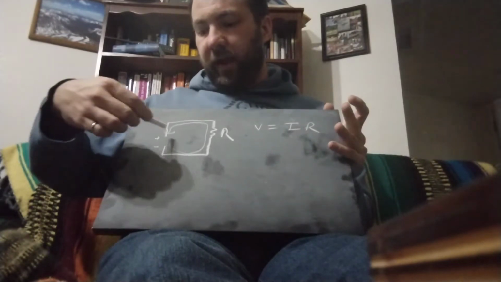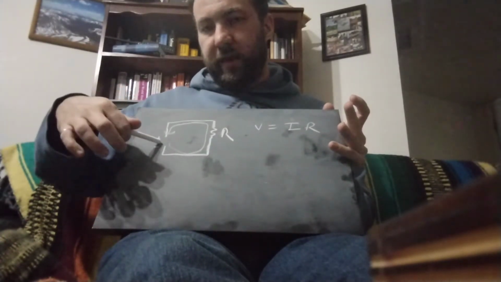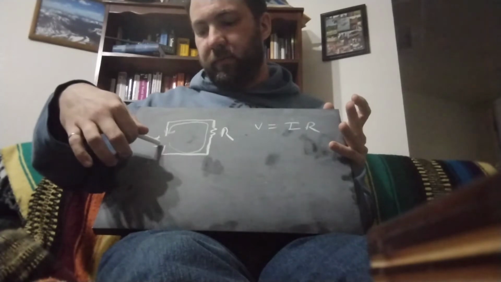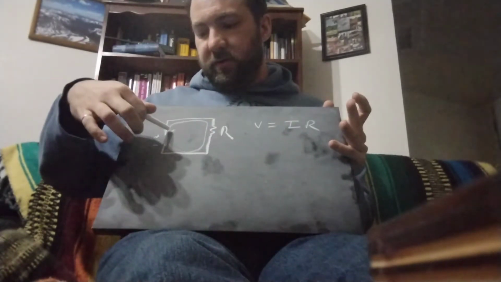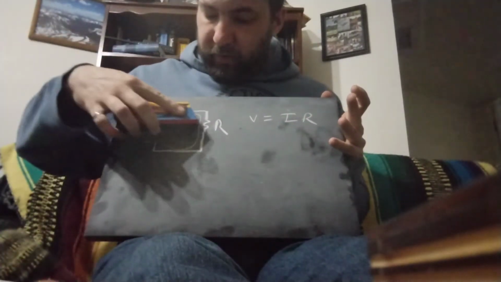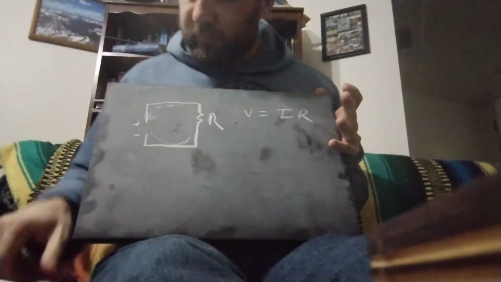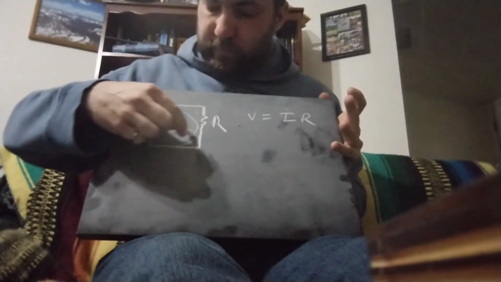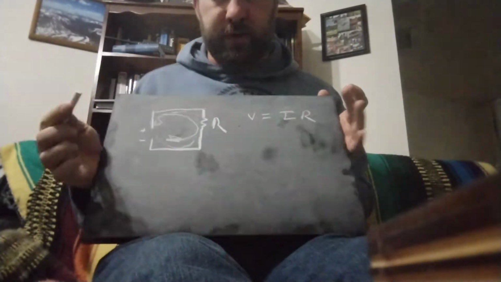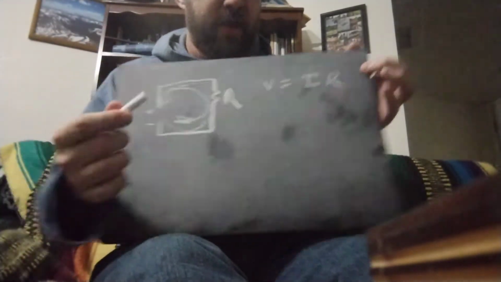Now, unfortunately, because of convention, even though the actual flow of electrons goes from the negative terminal of a battery or from ground to the positive, in reality, according to convention, we draw current as flowing from the positive to the negative side. And current is measured in amperes, or amps for short.